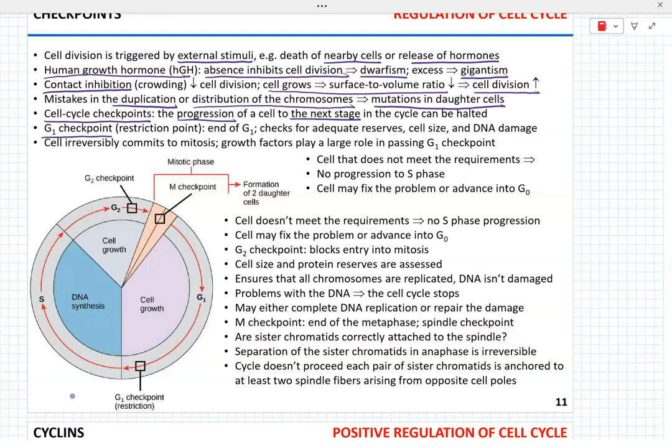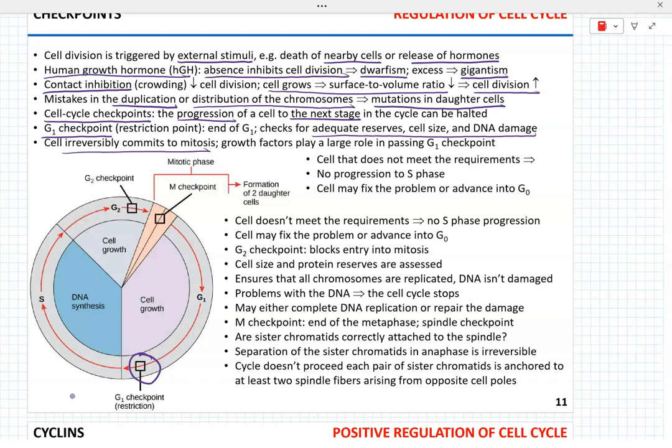The very first checkpoint is G1 checkpoint, or so-called restriction point. It is at the end of G1, and it checks for availability of reserves, energy, size of the cell, and the DNA damage before it is replicated. If the cell passes the checkpoint, it irreversibly commits to mitosis.